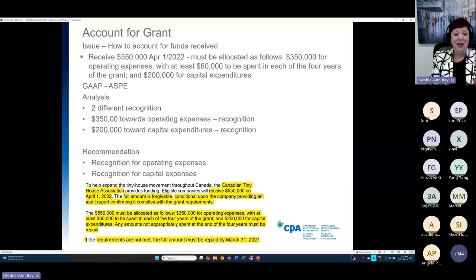And I need to provide a recommendation for operating expenses and a recommendation for capital expenses. So I've taken this required and divided it into 2 clearly different discussions. First discussion about how to account for the funds received. Second discussion about how to account for potential repayments.